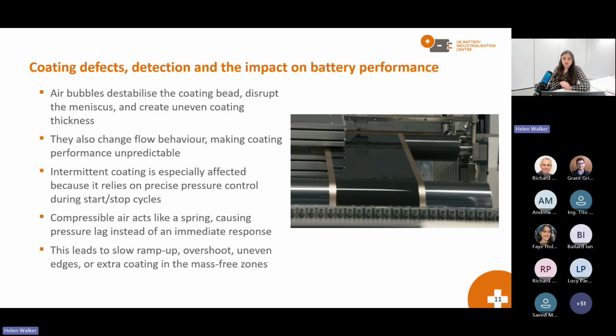If you are trying to skip coat your slurry for cylindrical cells, this becomes even more problematic. When you're skip coating, you need really good control over the pressure in your system to be able to achieve that skip. If you've got air in your system, it acts like a spring, and so you're not going to get really nice, clear, defined lines in the leading and trailing edges of your skip patches. So it's very important if you're wanting to achieve really nice, crisp skip coating.